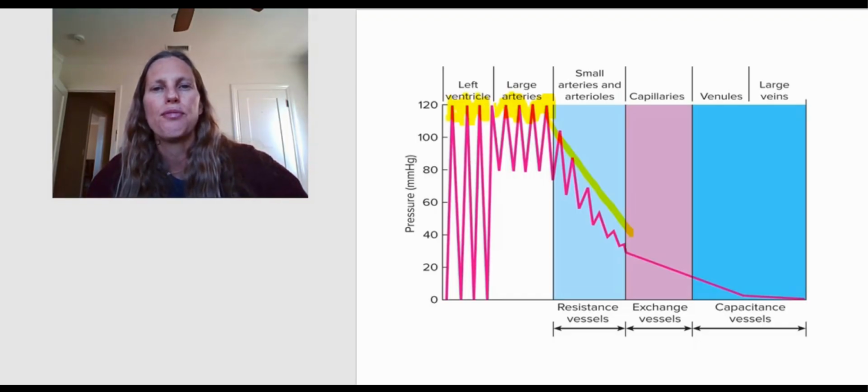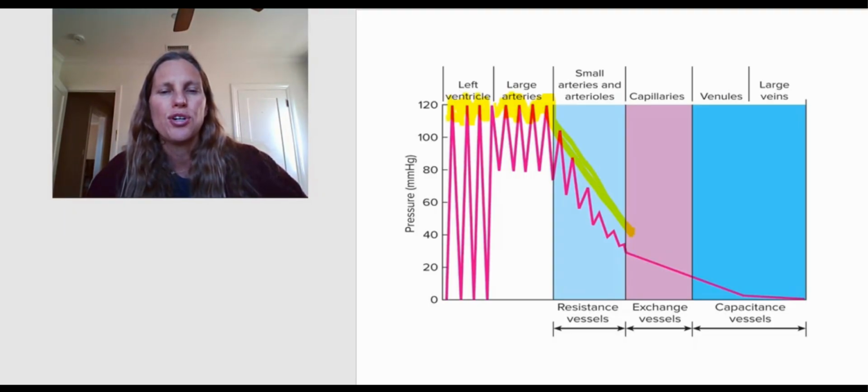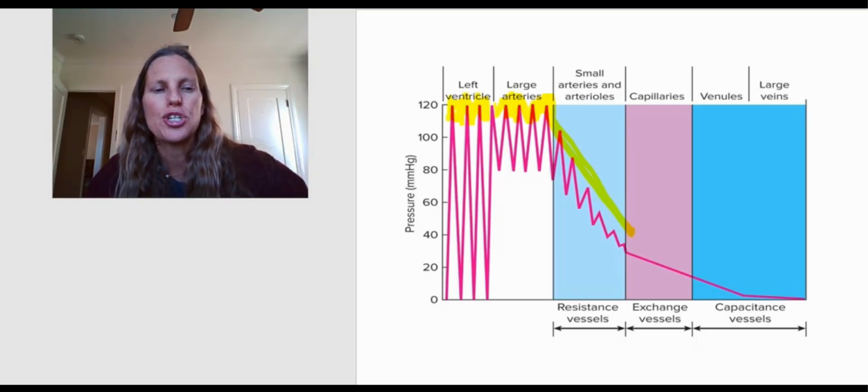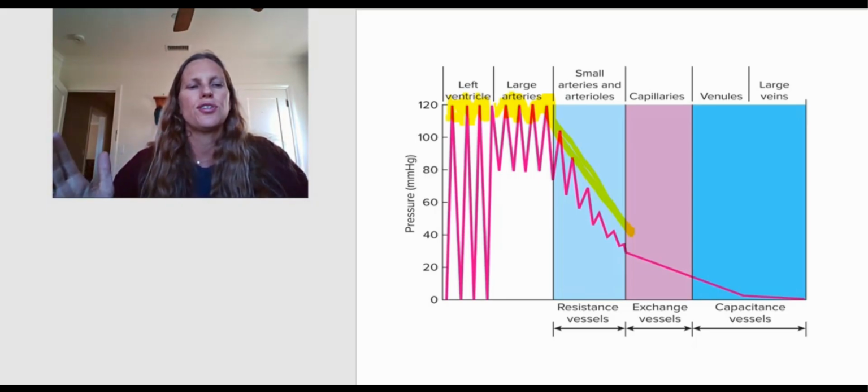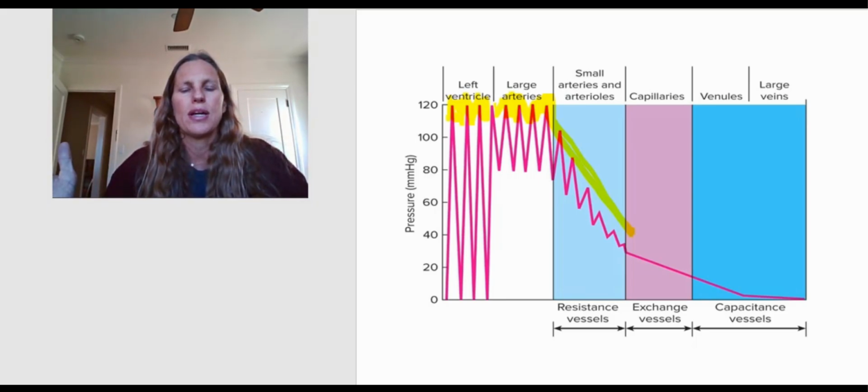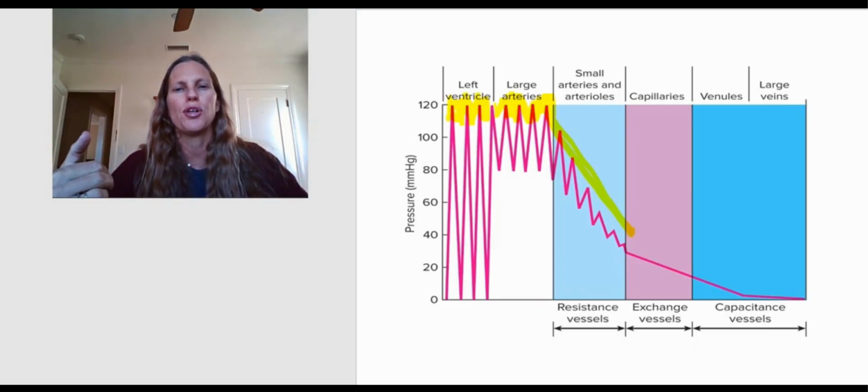We see this big drop as we move into the small arteries, and ultimately as we get into the arterioles and the capillaries. So it's like somewhere from around 90 millimeters of mercury as we go into the smaller arteries, and we're at about 40 as we go into the capillaries, maybe a little less even.